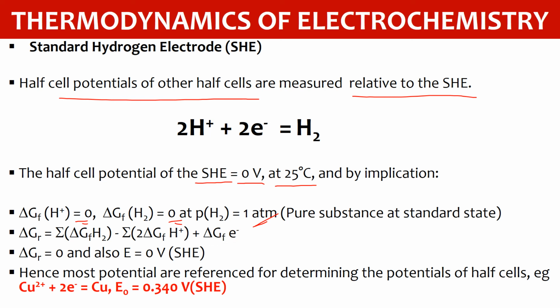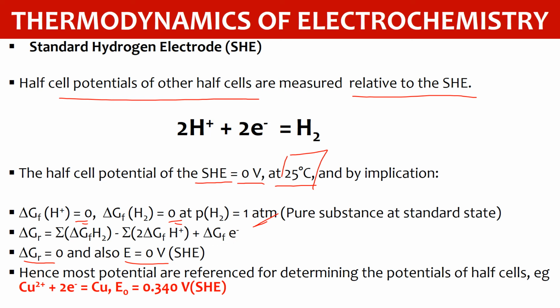This is at 25 degrees Celsius, and that's why it is a reference, a reference electrode to all the other potentials or the other half cells that can actually occur. Okay, so here we can also see that the Gibbs free energy is 0, and also the E is 0, for the standard hydrogen electrode potential.